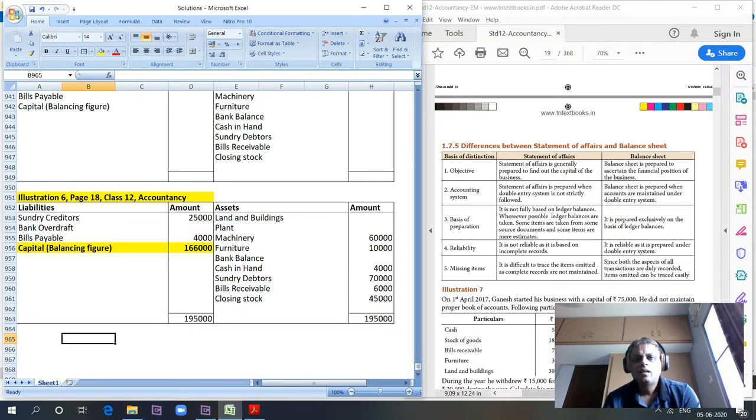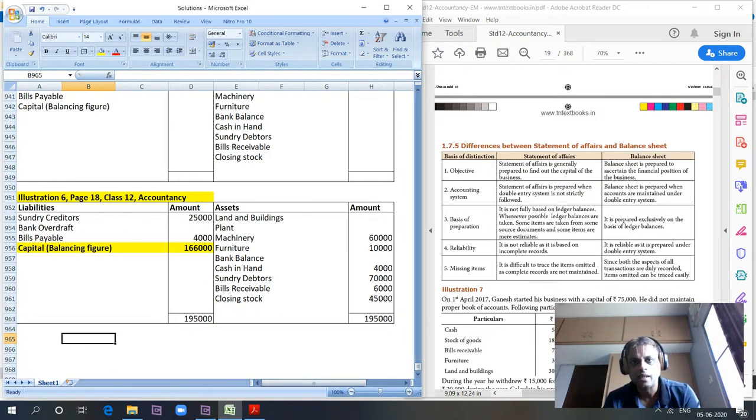Since the balance sheet is prepared based on the double entry system and also on original proof documents, both aspects of transactions are recorded, like debits and credits. For all the debits, there will be equal and corresponding credits, and the origin of the transaction can be traced using the journal entries.